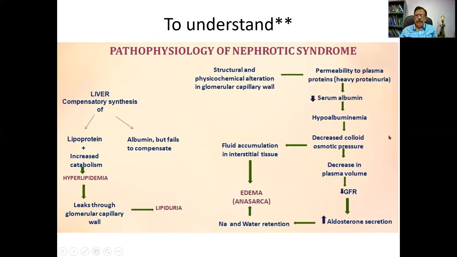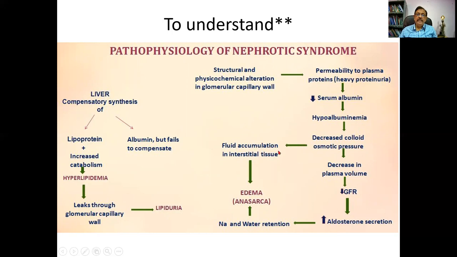This is a beautiful flow diagram. I would like you people to kindly follow it. You find that there is an abnormality in the glomerular capillary wall. This leads to increased amount of permeability and proteinuria. There is a loss of serum albumin resulting in hypoalbuminemia, which reduces the oncotic pressure, which leads to an edema because of the plasma volume increase.